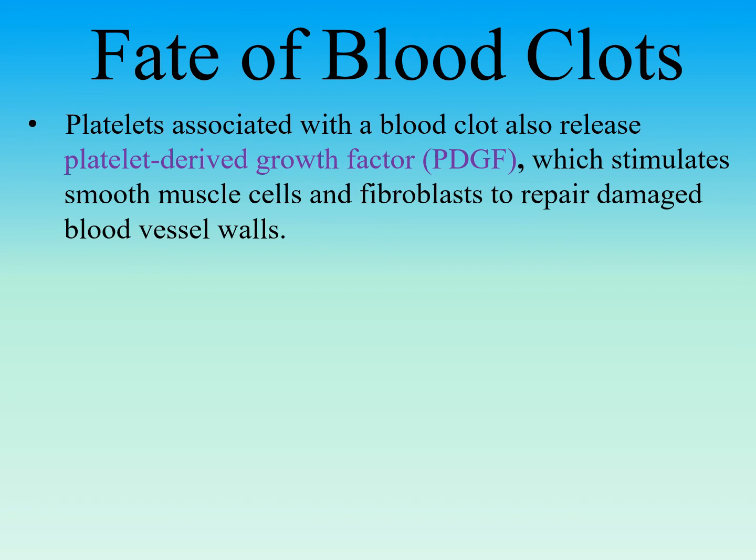So here we've got this chemical called platelet-derived growth factor, or PDGF, released by the platelets at the site of the blood clot, which is going to promote the formation of additional smooth muscle cells and fibroblasts.